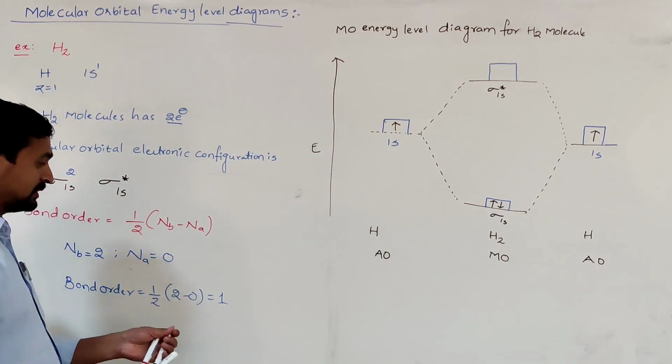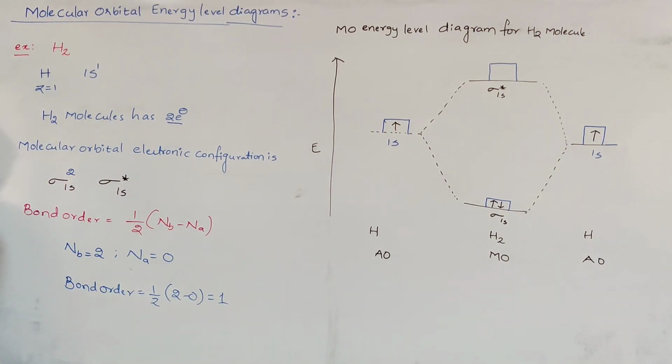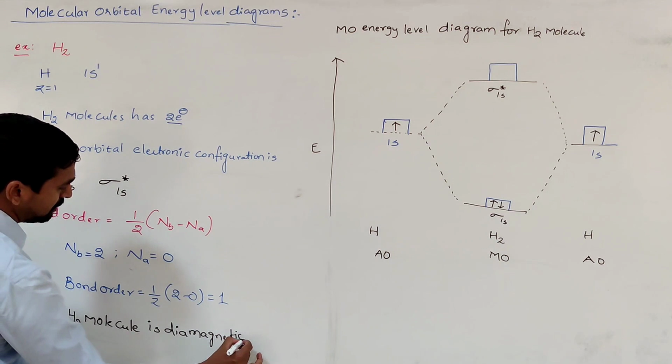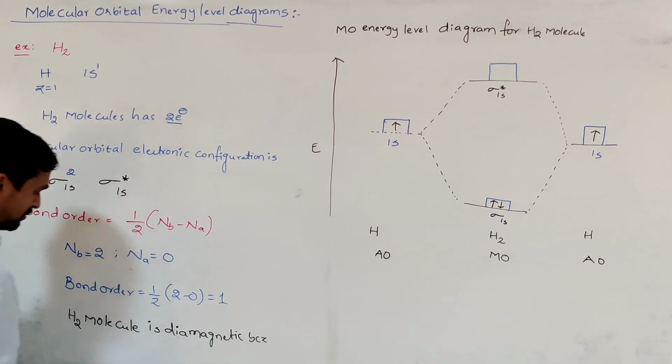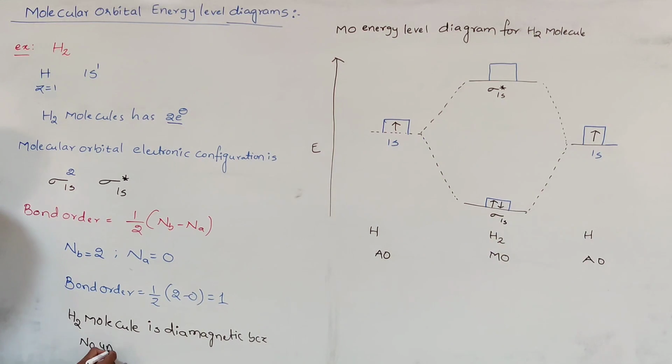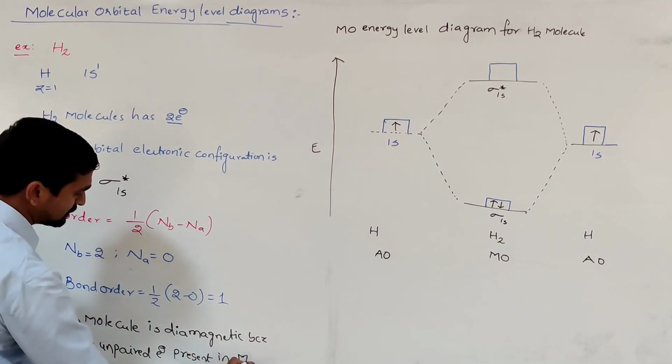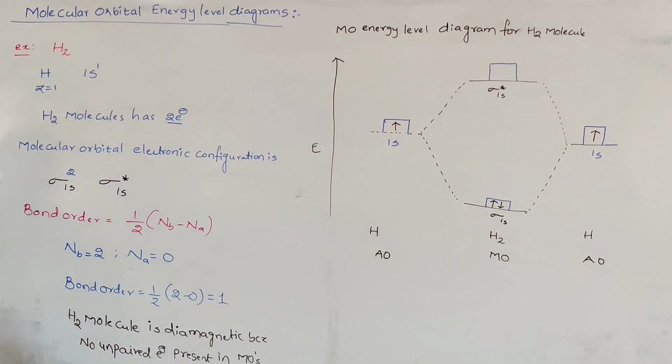That's why this hydrogen molecule is said to be diamagnetic, because no unpaired electron is present in the molecular orbitals. So hydrogen molecule is said to be diamagnetic. So like that we can draw the molecular orbital energy level diagram for hydrogen.